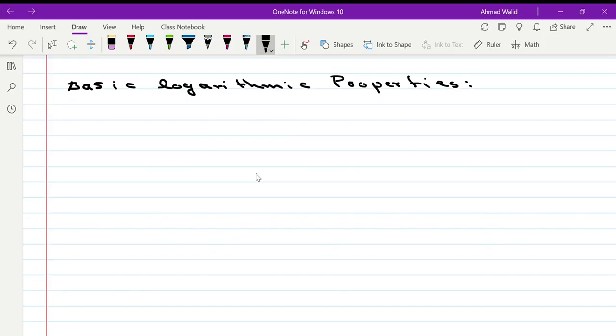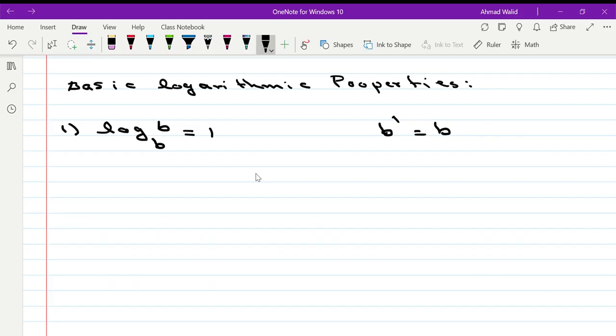Rule number 1: log of b base b always equals 1, correct? The reason is because b to the power of 1 is always what? B. That's the reason behind. This is rule number 1.